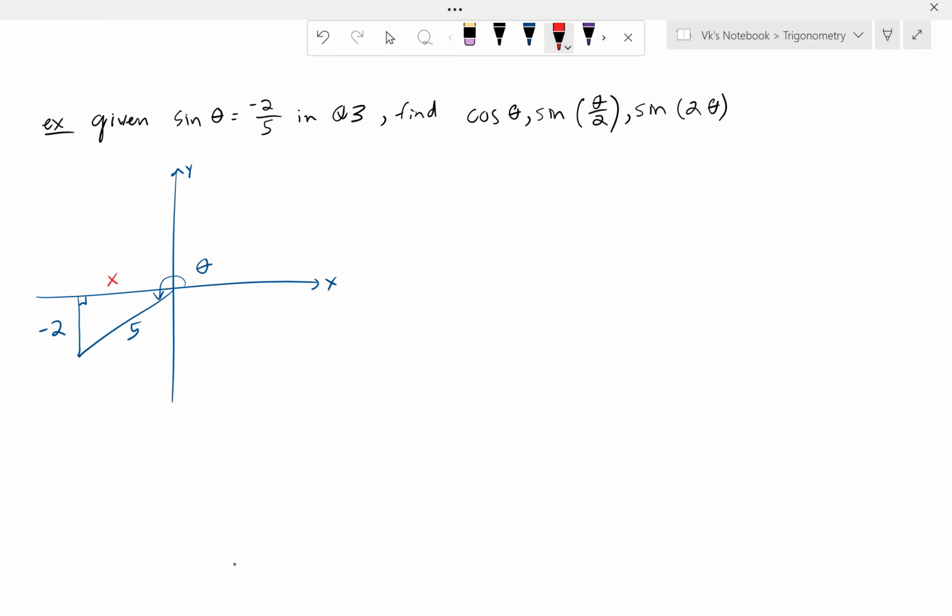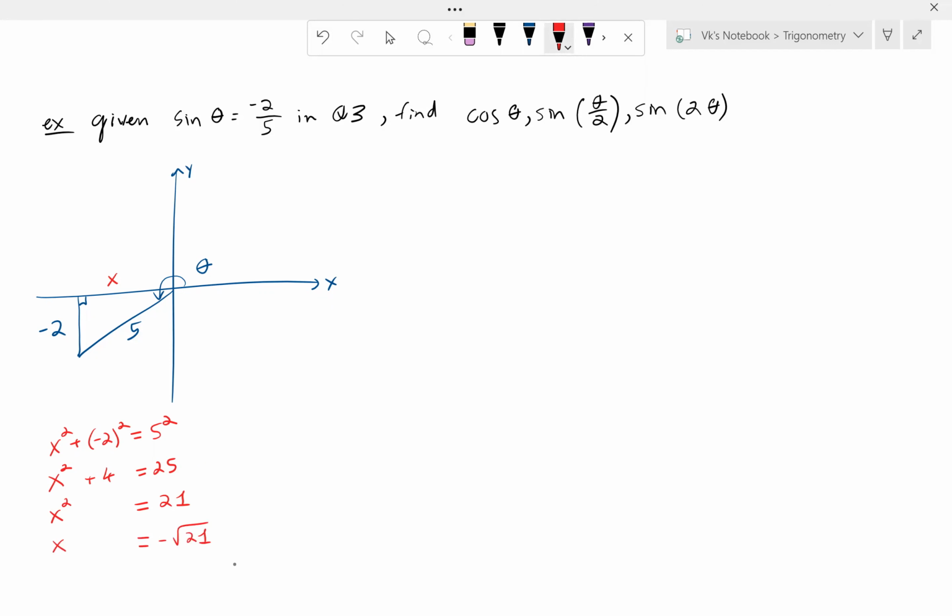I'm going to call it x here. x squared plus negative 2 squared equals 5 squared. So x squared plus 4 equals 25. x squared equals 21. So x equals negative root of 21.